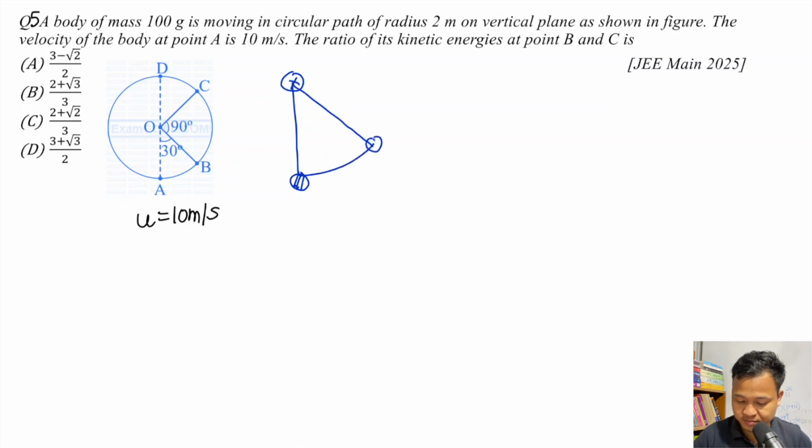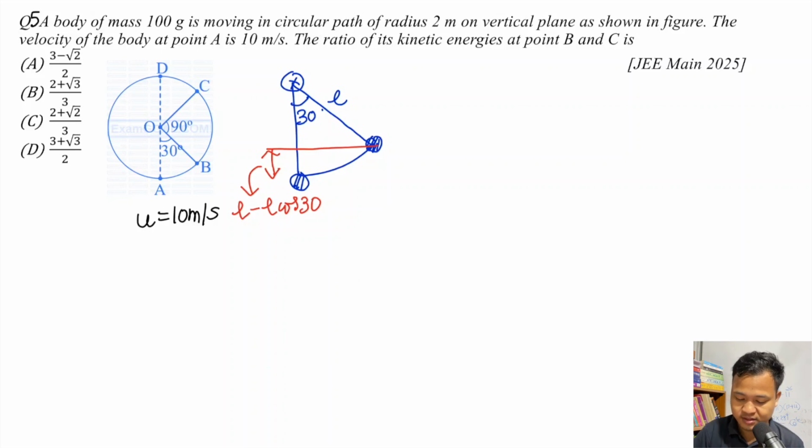So now it reads as B. First thing, how much height has it increased? So this much. The angle is 30, so the increase in height is L minus L cos 30.